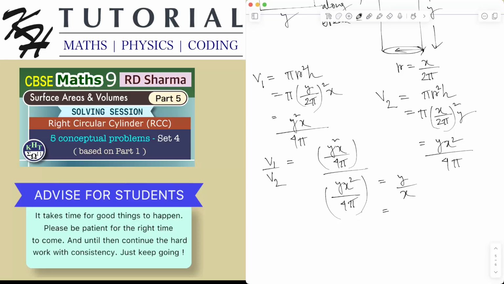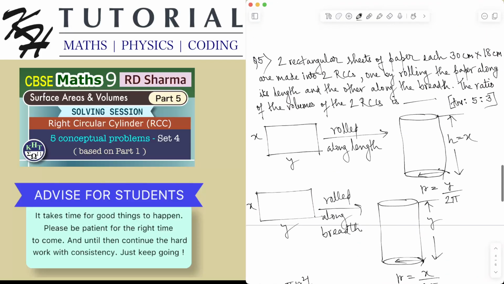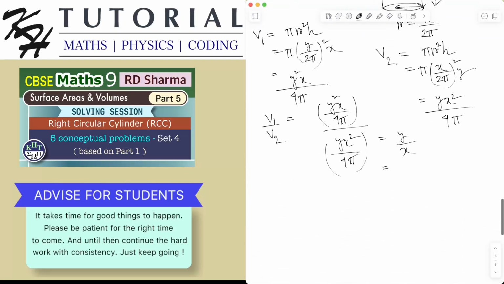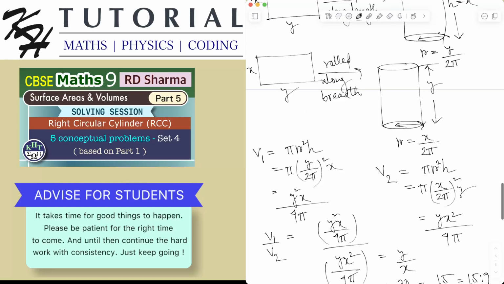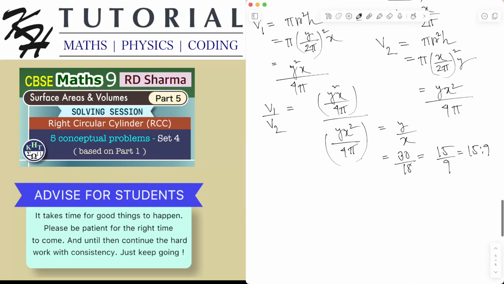So this is equal to y was the length, so it is basically length by breadth, 30 by 18, which is equal to 15 by 9. 15 is to 9 is the ratio of the volumes. So we can further simplify this. This is equal to 5 is to 3.